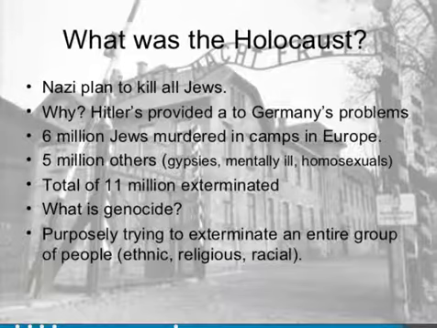This is a part this slideshow didn't get to until now. Fortunately, they actually have a slide about it. This is about the Holocaust. The Nazis planned to kill all the Jews. Why?